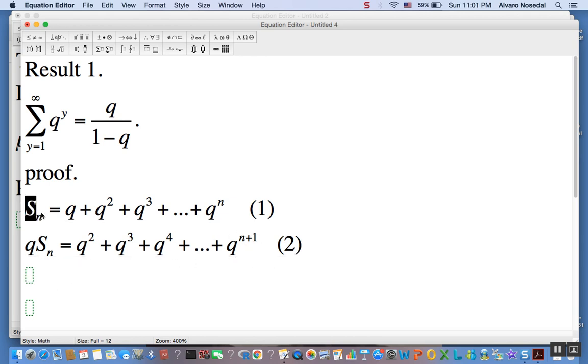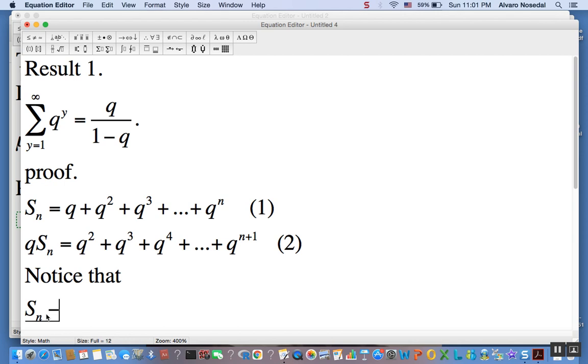So notice that Sn minus q times Sn equals q, right?